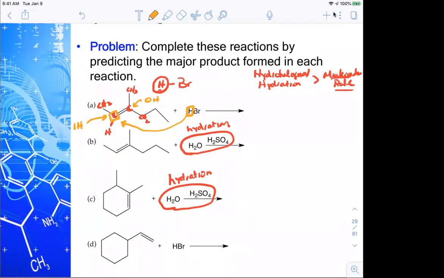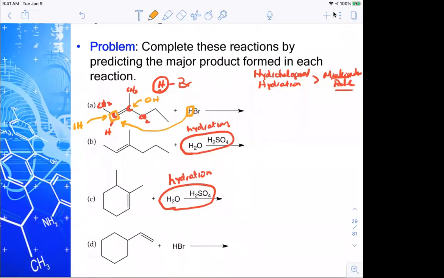And do not confuse that arrow as an electron arrow. I'm just drawing connections at the moment. We'll look at the mechanism later. So all that arrow there means is that a hydrogen ends up on the carbon that has the 1 hydrogen and not on the carbon that has 0 hydrogens.